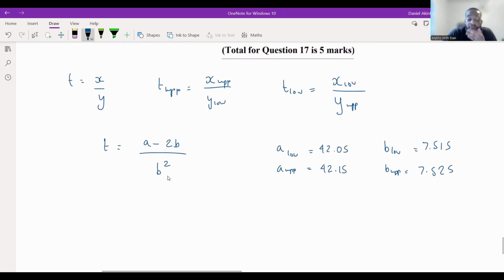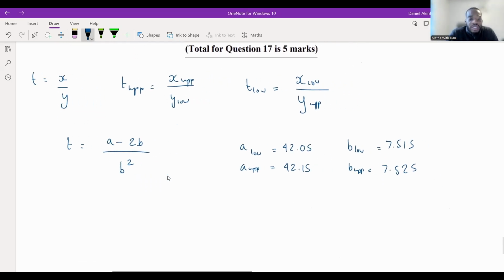Perfect. Okay. So now if I want the upper bound, for example, then I know that I'm going to need to make the numerator as big as possible. Now the numerator is a minus 2b. So which boundaries do you think I'm going to use? Well, I want it to be as big as possible. This number is positive, it's being added, so I need the upper bound, because I want it to be as big as possible.